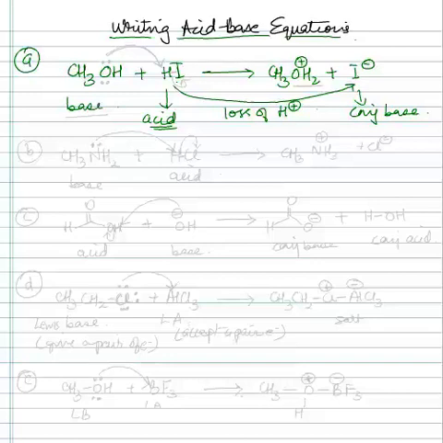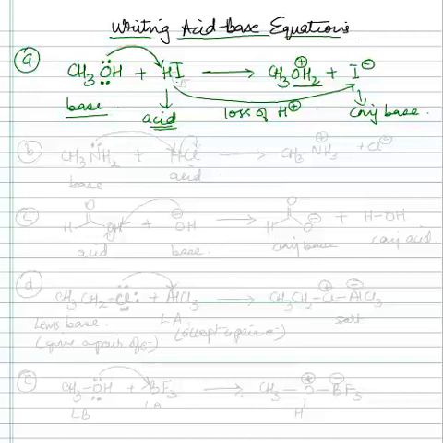Once you've identified that this is the base, then you need to figure out where the electrons are, and the electrons are here, on the oxygen, which is the two lone pairs of electrons that oxygen has. So then oxygen will pick up the proton. If you look at the product here, there are two hydrogens on oxygen, which means that oxygen has picked up a proton.